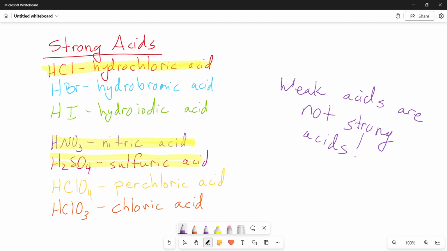So anything that is an acid starts with H, or has the carboxylic acid group, like we talked about the other day. If it starts with H, has a carboxylic acid group, but is not on this list, it's a weak acid, plain and simple.